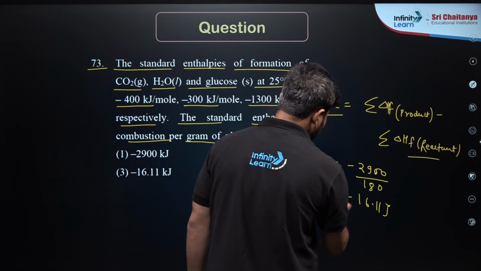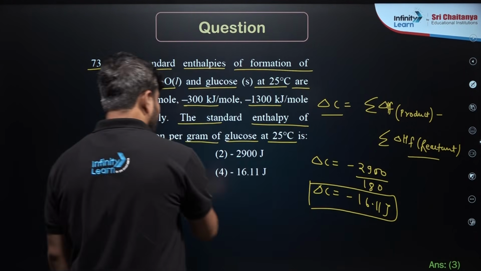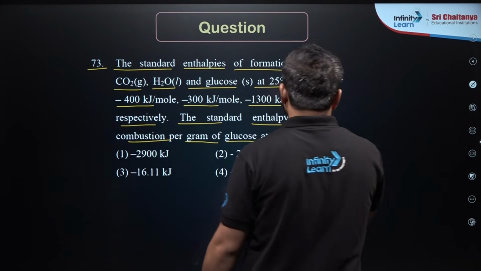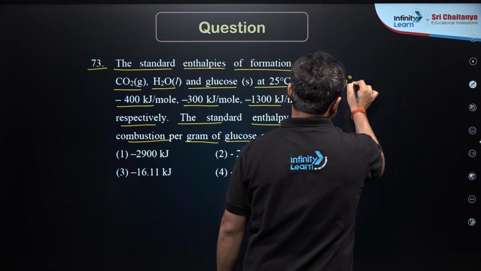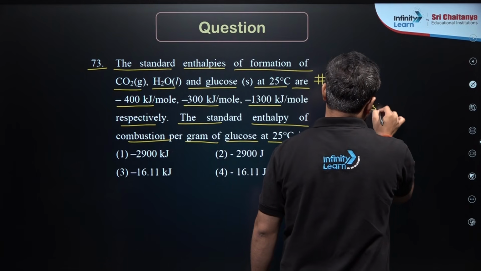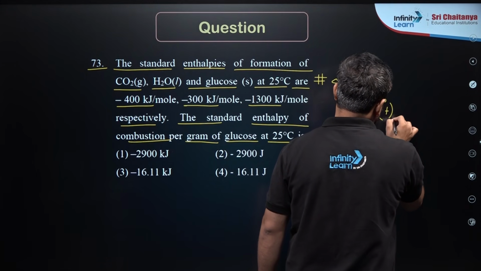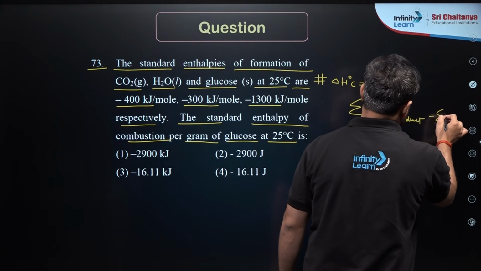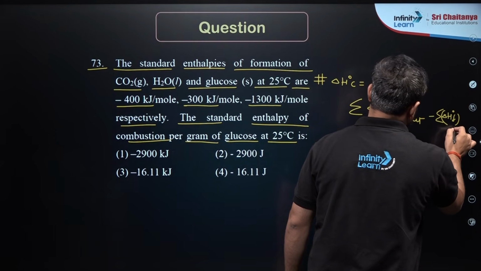Please remember, which one is the correct answer of this question? Option third is the correct answer. In this question we have to calculate the enthalpy of combustion. So the summation of enthalpy of formation for the products, minus the summation of the enthalpy of formation of the reactants.